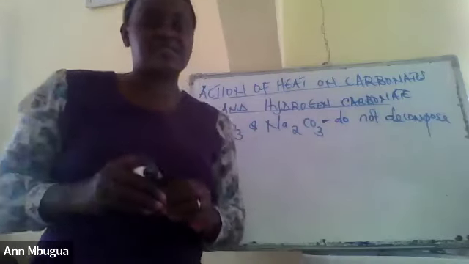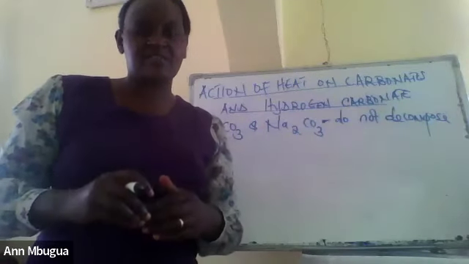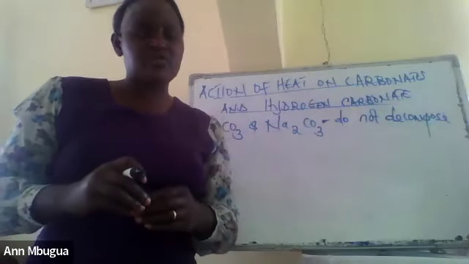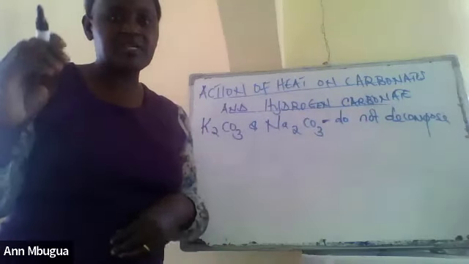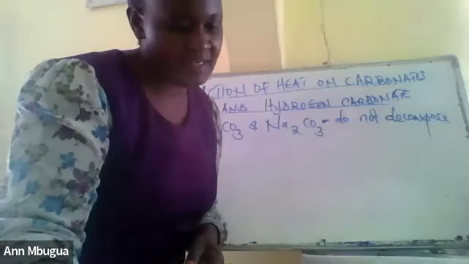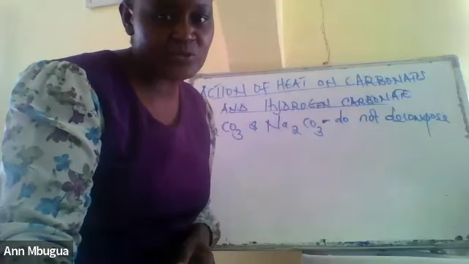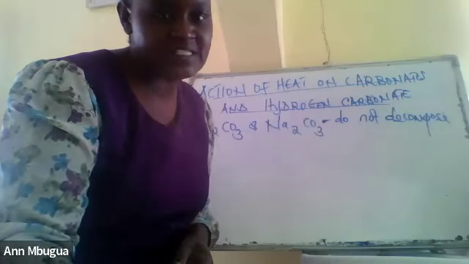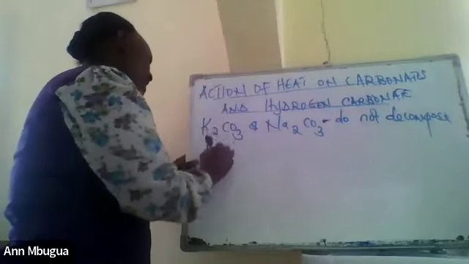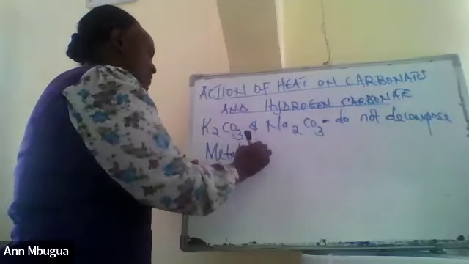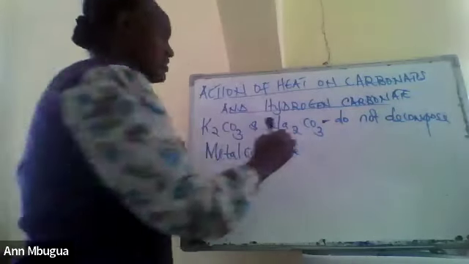But all other carbonates, any other carbonates below sodium in the reactivity series, decompose to give two products. One, the corresponding metal oxide, and two, carbon 4 oxide. The general equation for this can be written as metal carbonate, but note it is for those carbonates below sodium in the reactivity series.